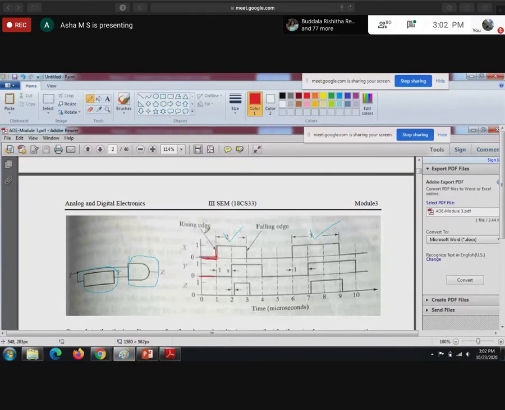After the rising edge of the pulse X, after 1 microsecond, the value of Y is changing.